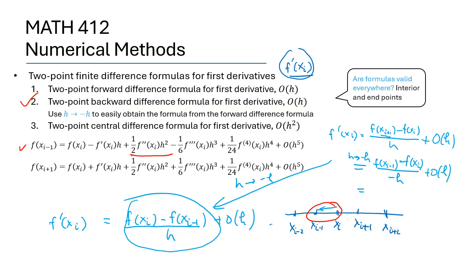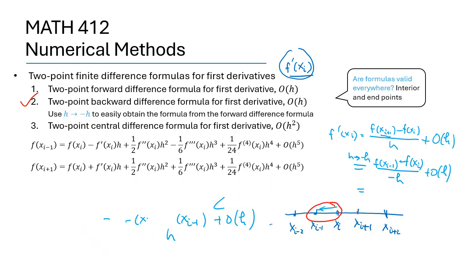Given a forward difference formula, with however many points, you replace h with negative h and you get the corresponding backward difference formula for the same derivative. Interesting. Algebra is just wonderful. Nothing here is new, it's algebra.